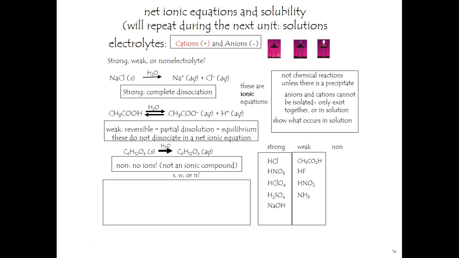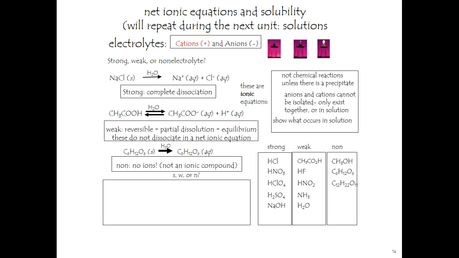The weak electrolytes include acetic acid, hydrofluoric acid, nitrous acid, notice it's not HNO3, and ammonia. They only ionize a little bit. And the non-electrolytes include methanol, sugars, glucose, sucrose, and ethanol, for example, that are very soluble in water, but they don't ionize at all.